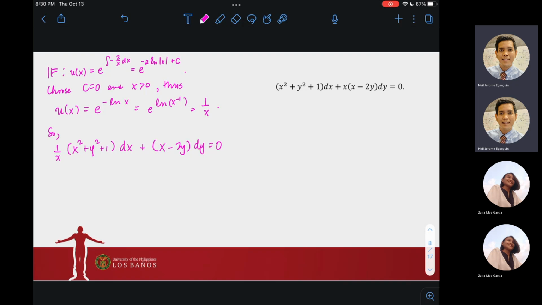Which x? Yung etong multiplier? Let me double check that. Hindi ko actually masyadong binabasa yung handouts, ano. Double check ko. Let's see.